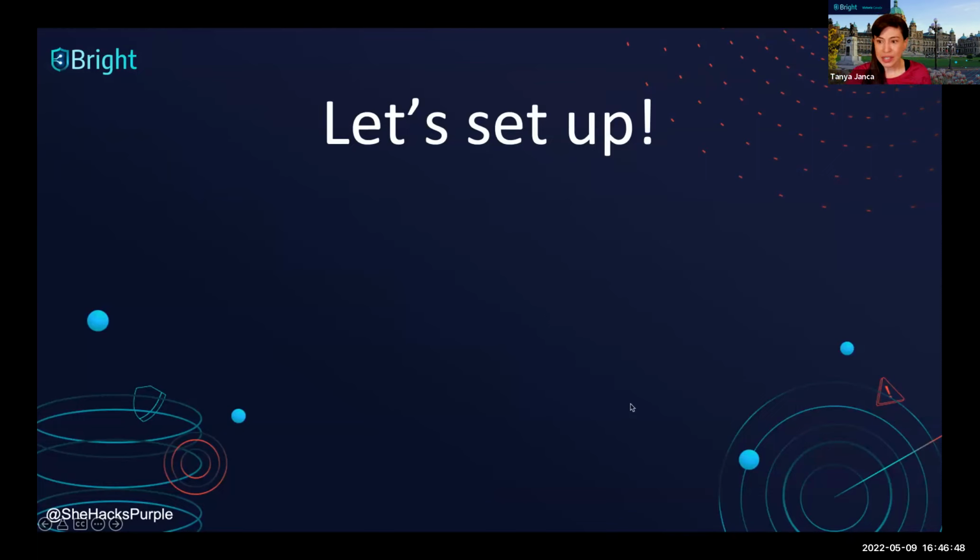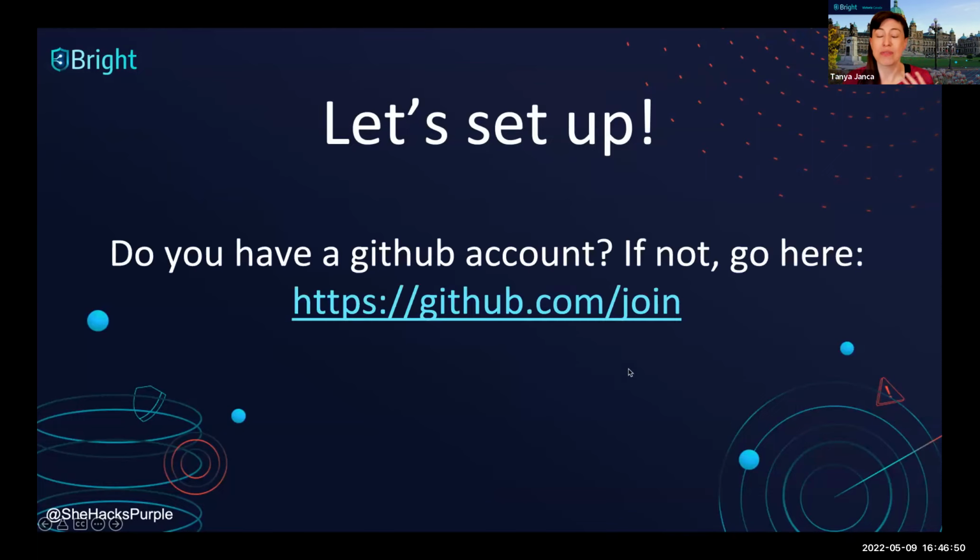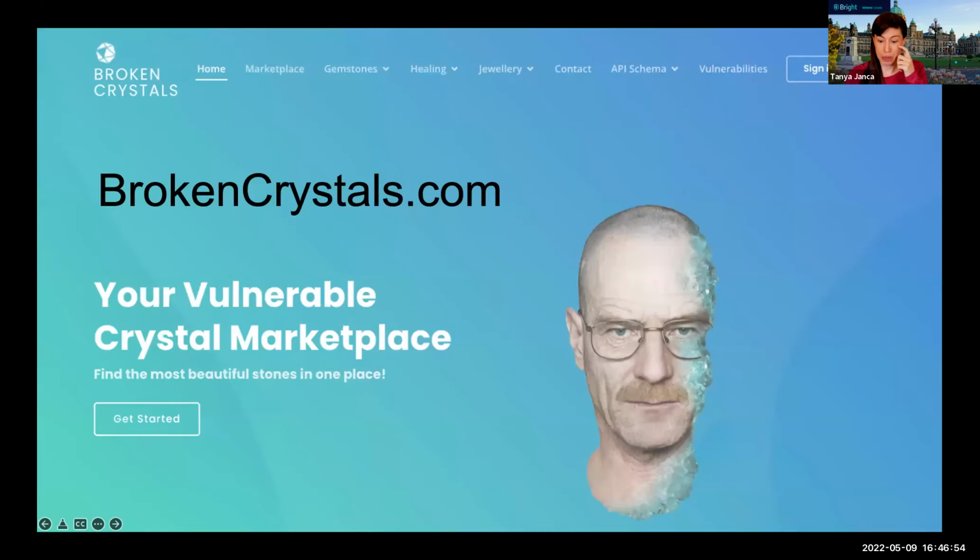Basically, I'm going to use my GitHub account, and then we are going to scan something called Broken Crystals. Broken Crystals was created by Bright Security so that they could test their DAST. It's wicked vulnerable. I've used all sorts of tools to scan it, and it is a disaster.